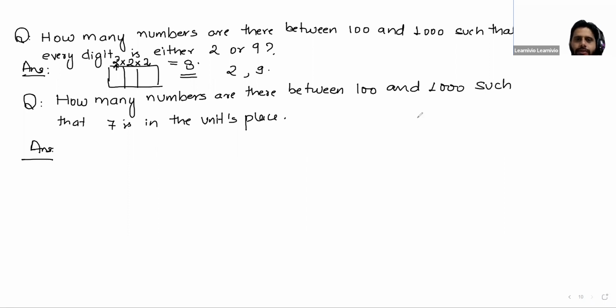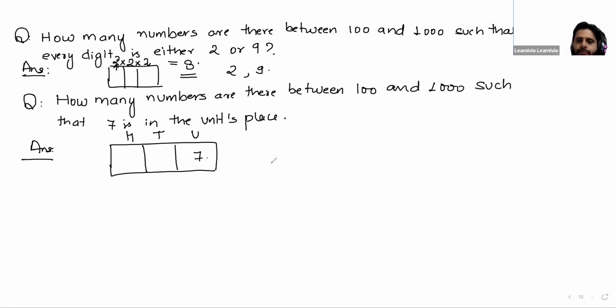Okay, please take this. How many numbers are there between 100 and 1000? So again, this is a 3-digit number. Krishna, please check here. The units, tens, and hundreds places. They're saying that 7 is in the unit place. So here we need a 7.